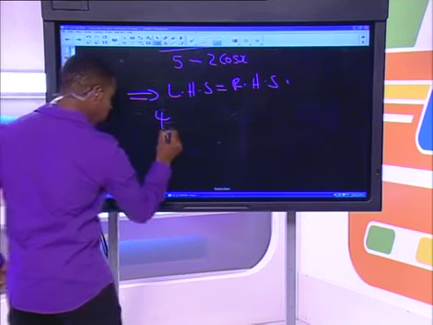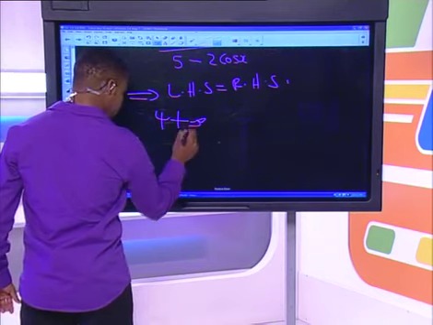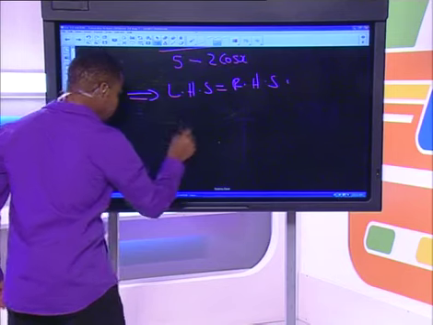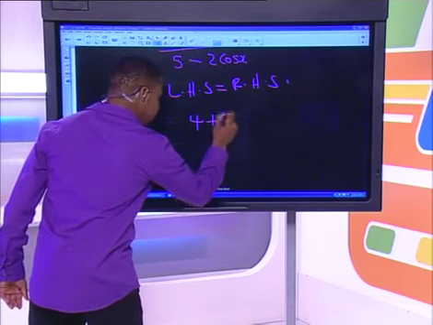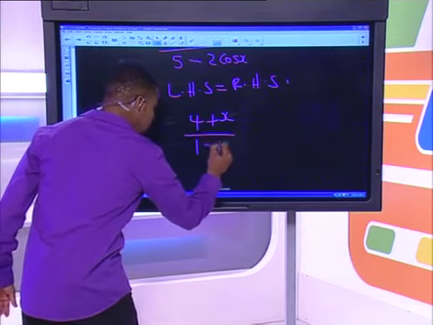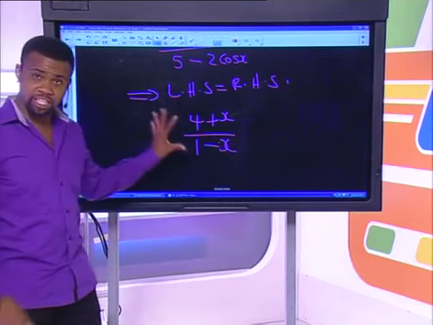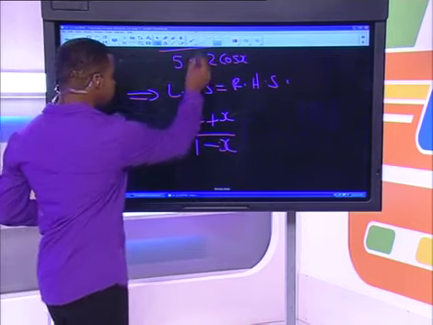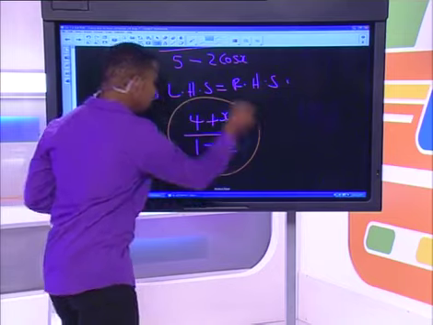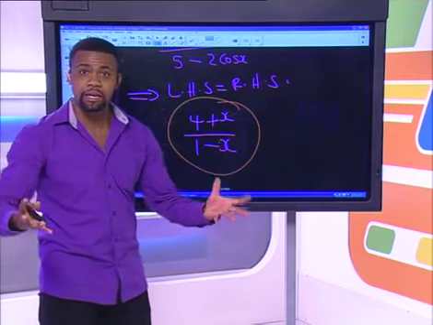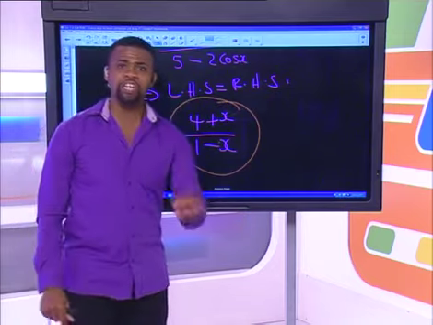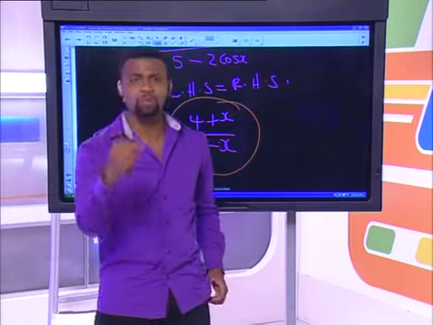Let's say 4 plus x over 1 minus x. Let's look at this expression. For what value will this expression be invalid? Undefined. When do we have undefined? When we divide by 0.